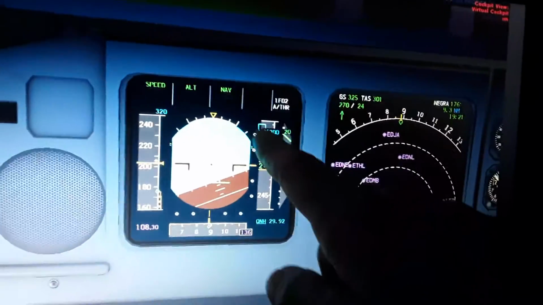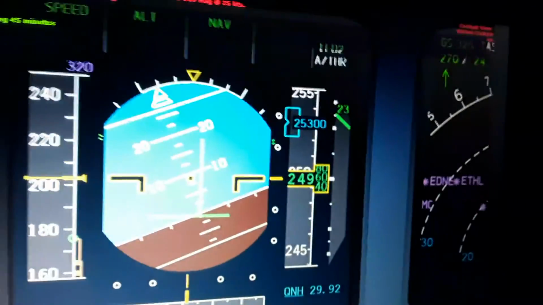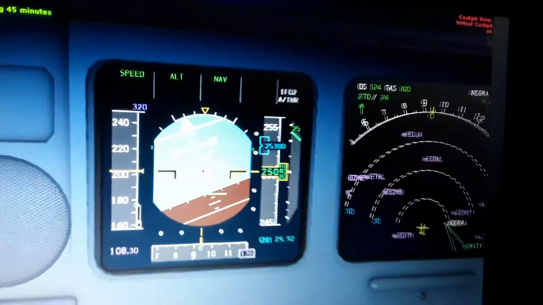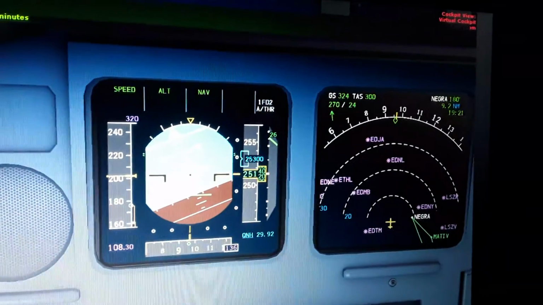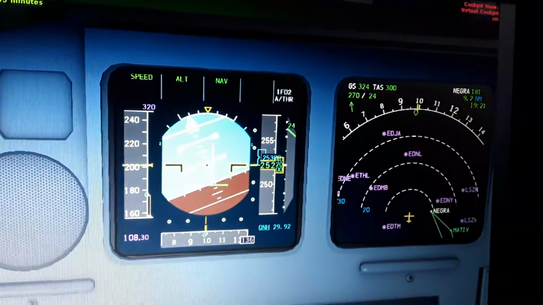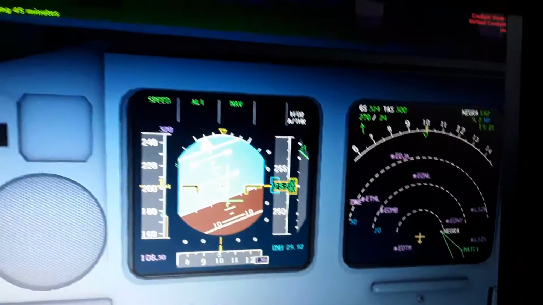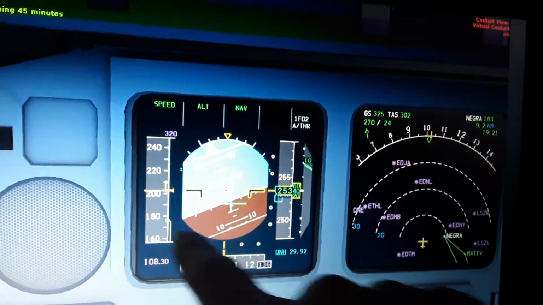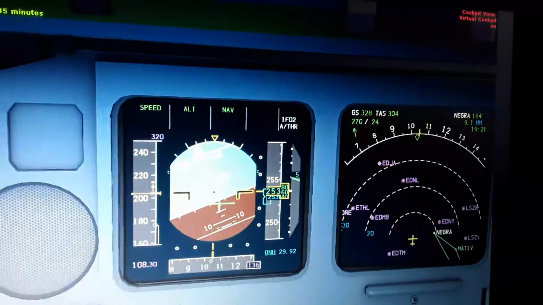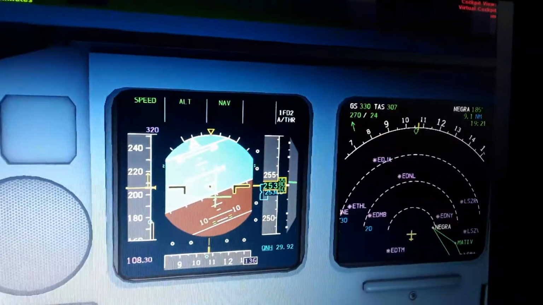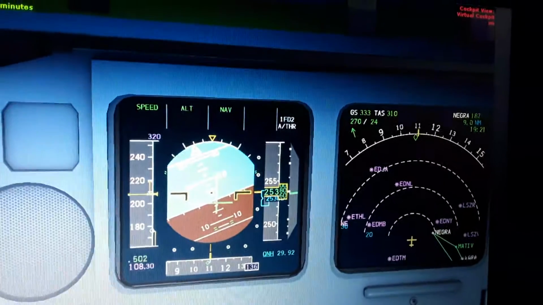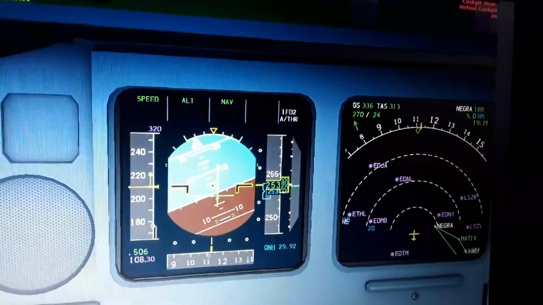So here we are at 25,000 feet, which are selected and managed altitude. Here is the marking of the airspeed, which is gonna stall the aircraft if we make a bank angle maybe more than 40 degrees right now in this configuration.